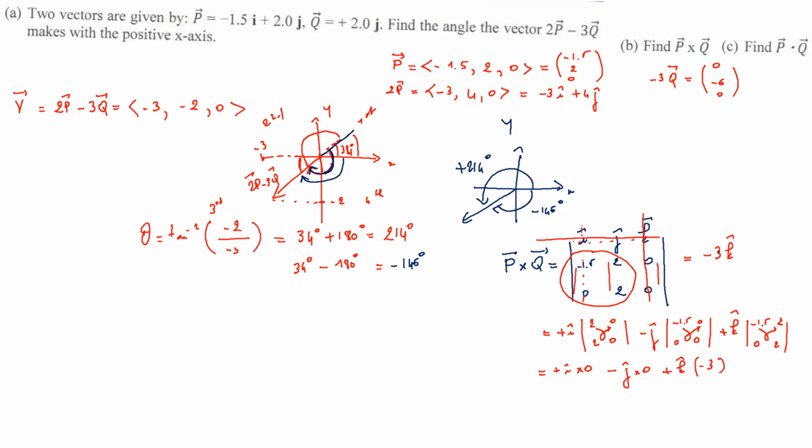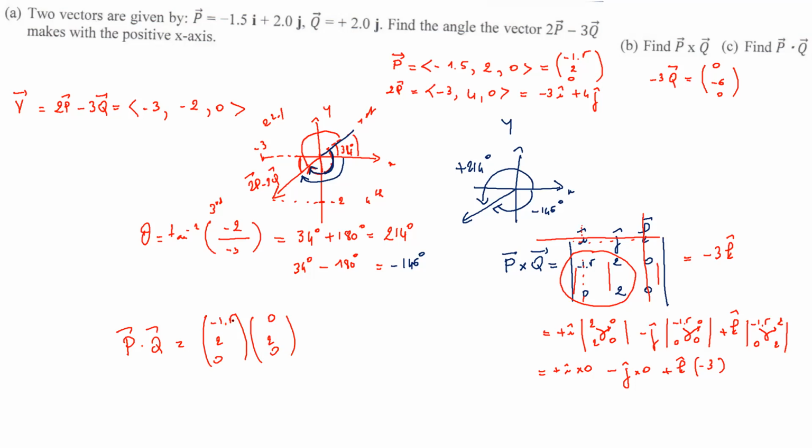Okay. Now, finally, what is the dot product P dot Q? You know how to get the dot product. What are the components of P? You have minus 1.5, 2, 0. What are the components of Q? Of course, you will have 0, 2, 0.